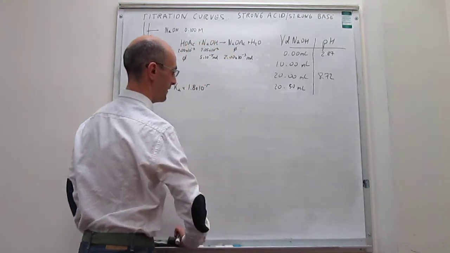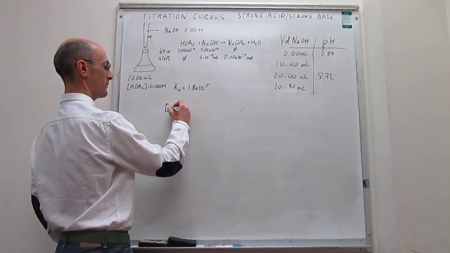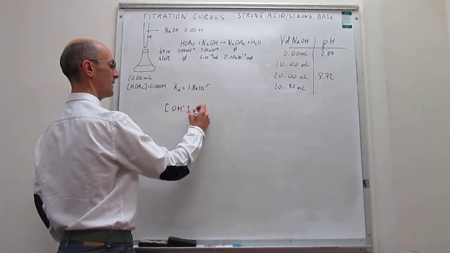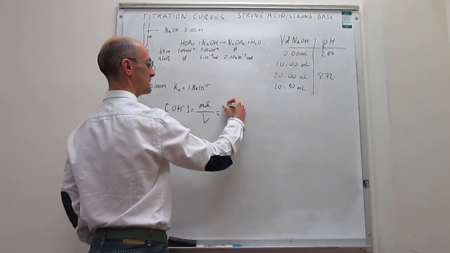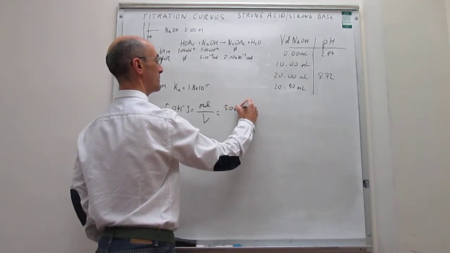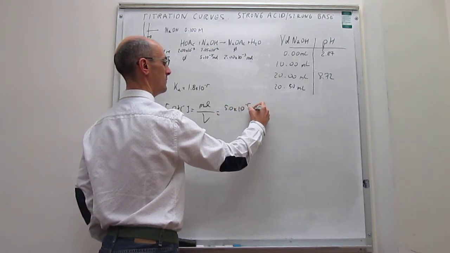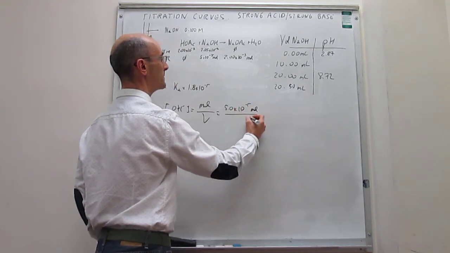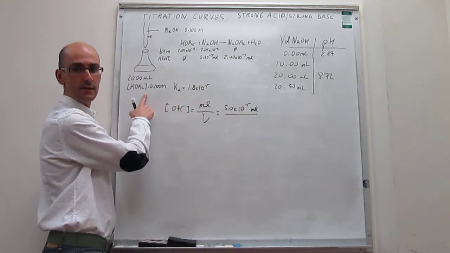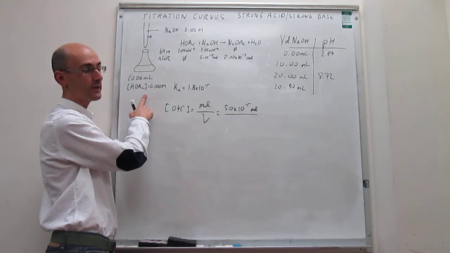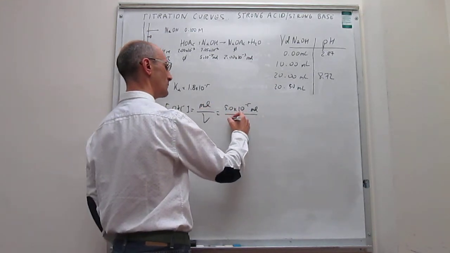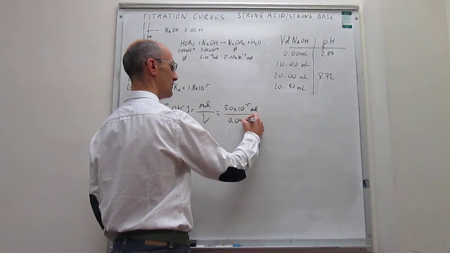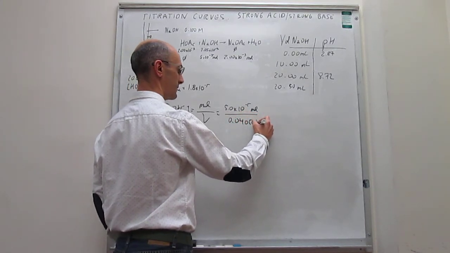Notice that we have to calculate the concentration of hydroxide, and that is simply the moles divided by the volume. The moles is 5.0 × 10^-5 moles, and the volume will be 20 mLs of the initial solution of the weak acid, plus what you have added, 20.50, which is 0.04050 liters.